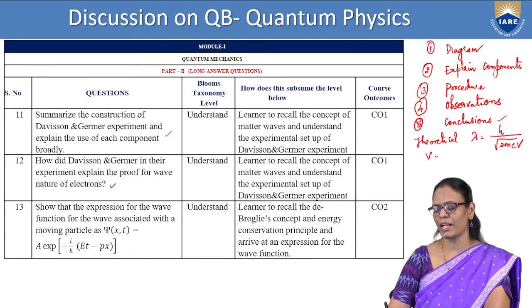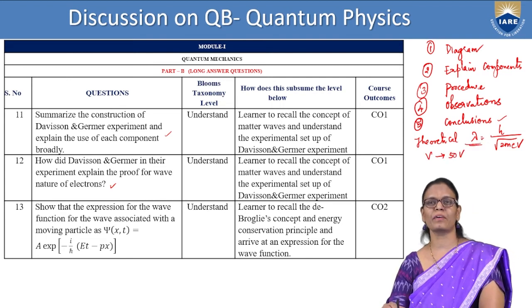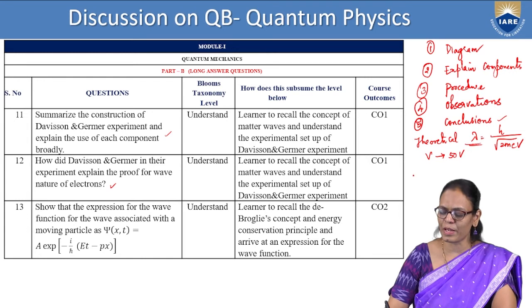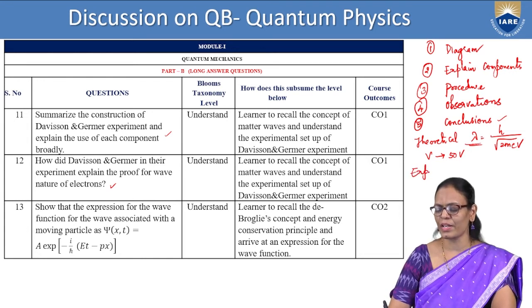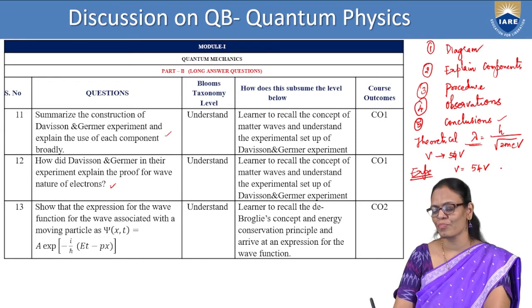So at a voltage of 50 volts applied, what is the value of lambda we are getting? And experimentally, we are seeing a peak at a voltage of approximately 54 volts, and the angle is 50 degrees.